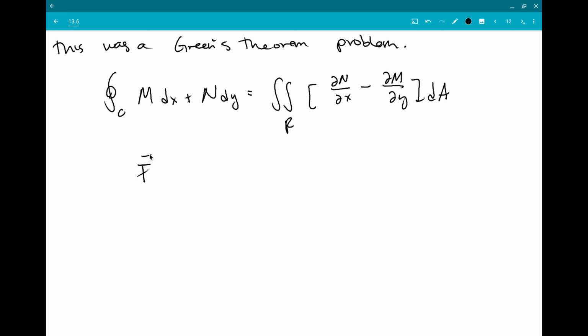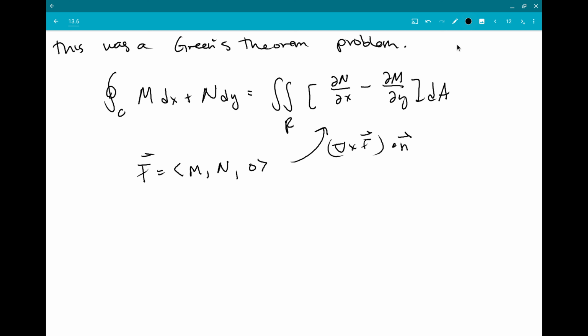And this really is the same thing as we did before, except that we said F was M, N, 0, and then we took the curl to get that thing dotted with n.